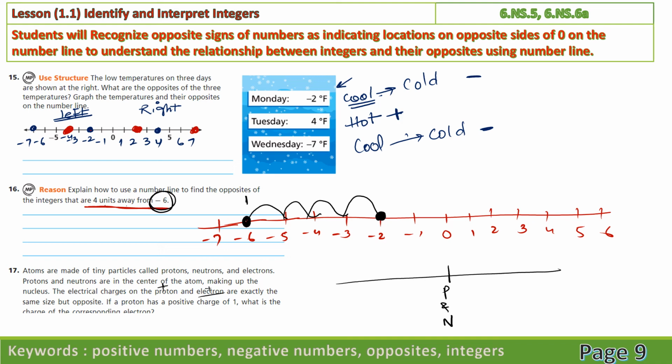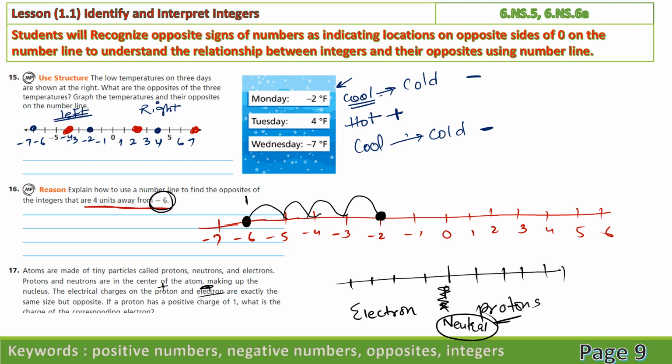Proton has a positive charge and electron has a negative charge. So on this side we will have the electrons, and on this side we will have the protons, and in the middle we have neutrons, which are neutral.